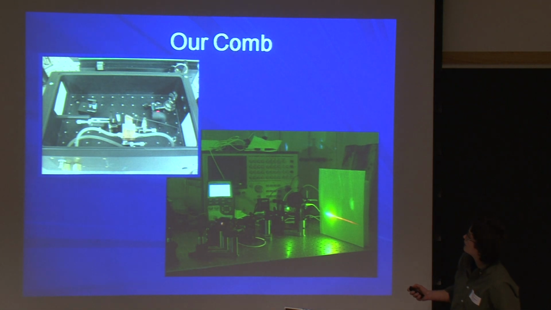This is where the pump beam comes in. It goes through the mirror and through the crystal, and it makes the bow tie sort of shape, and it comes out right here. And here's a picture of what the light looks like when it comes out. You can see all of the different frequencies. It's the rainbow.